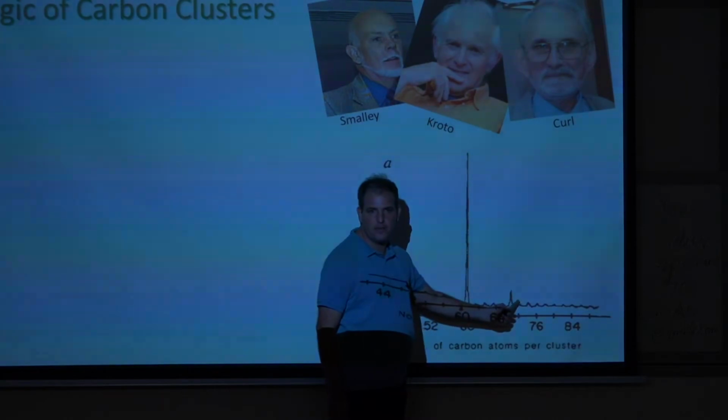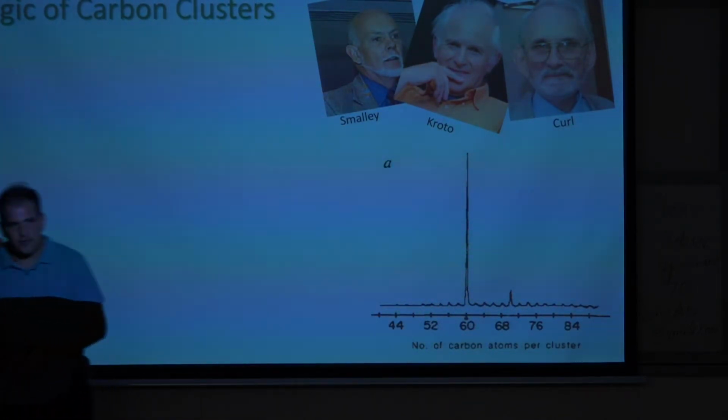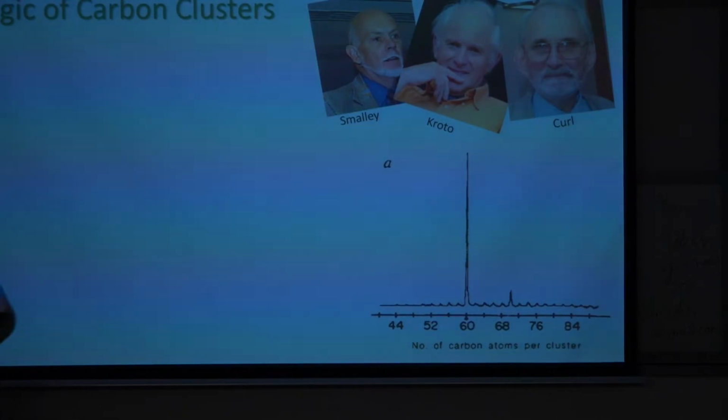So the story is that later this evening they each went home and thought, where is this number 60 coming from? And Smalley got a computer program where you can start drawing structures. He said, okay, carbons like to have each atom either 4 neighbors or 3 neighbors.